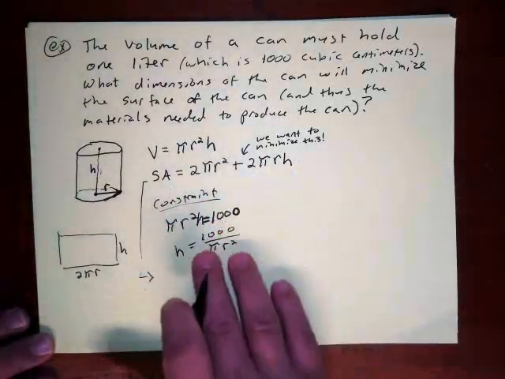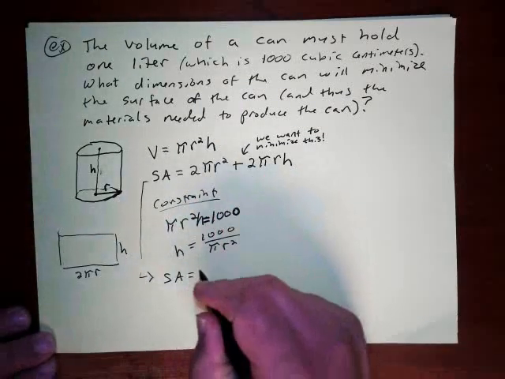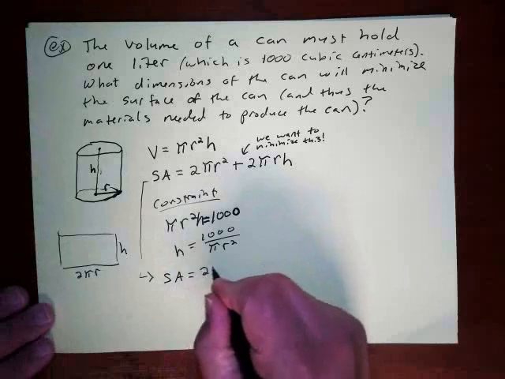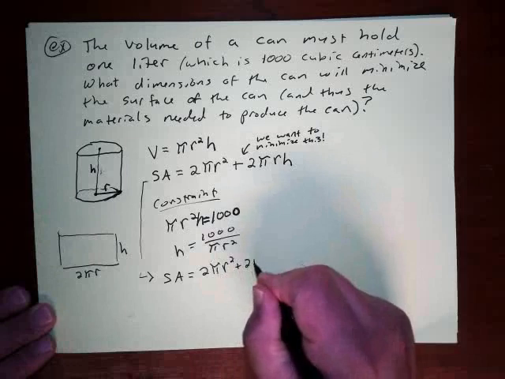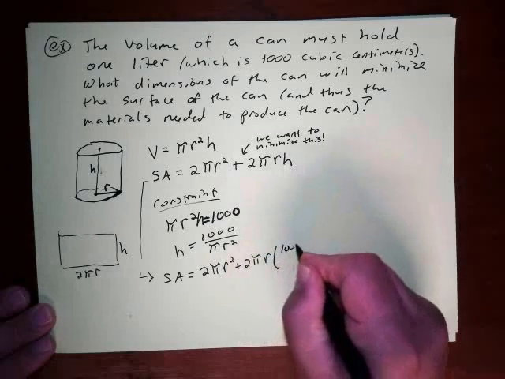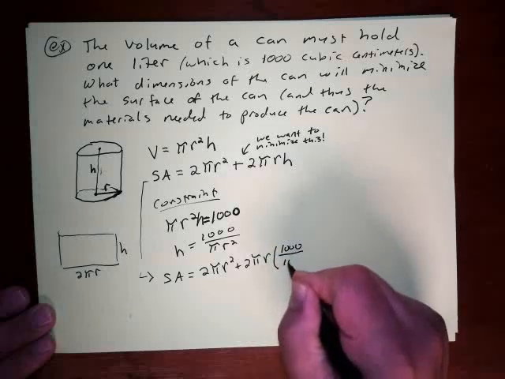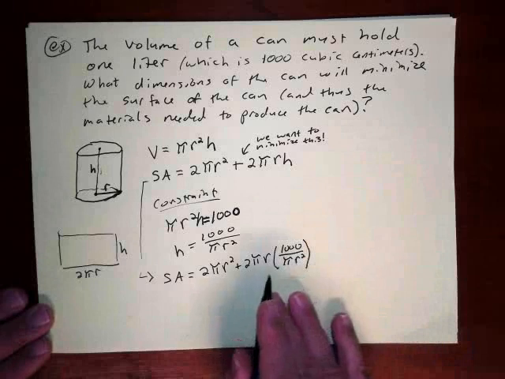Okay, so I'm going to plug this in for the h, and when I do, I get this. Surface area is equal to 2 pi r squared plus 2 pi r times 1,000 over pi r squared. Now some of this is going to simplify.